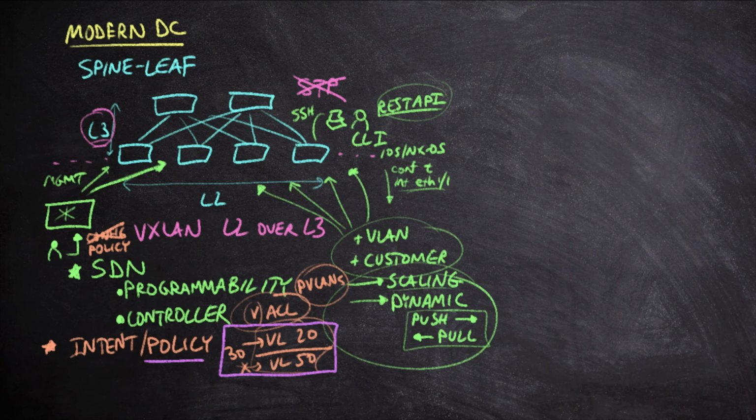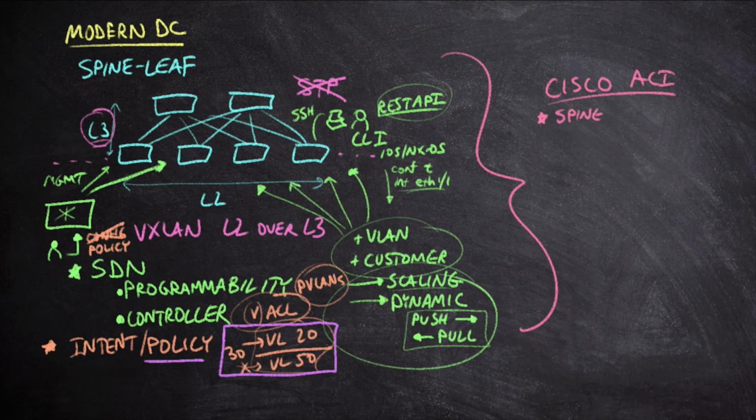So lastly, when we tie all this together and we say Cisco ACI is going to bring this together for us. It's going to allow us to build this out. It's going to build the spine and leaf architecture, as we've said. It's going to deploy VXLAN for us.